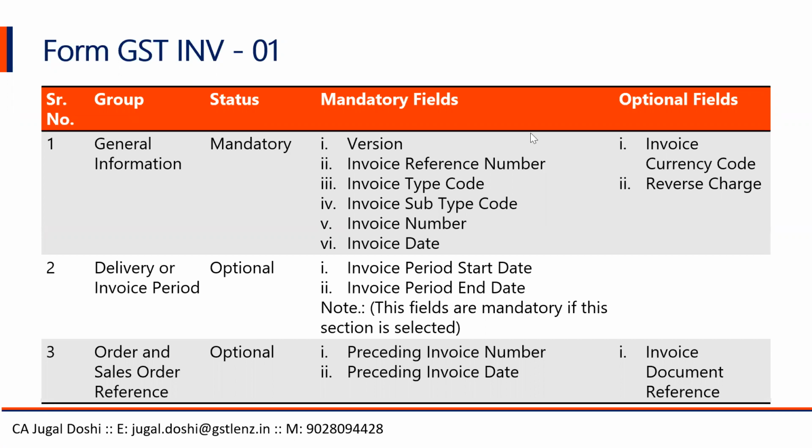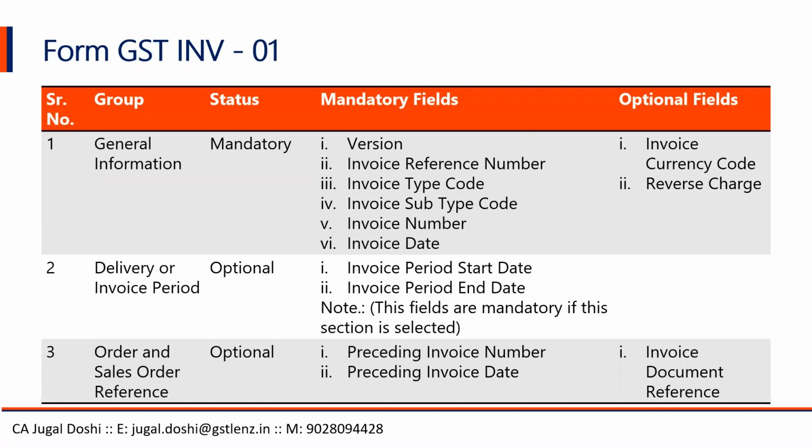Otherwise, only optional. My personal advice would be to give maximum details possible because it is one-time linking. If you link all the things and maximum data is reported, it is better for you at the assessment or any other level when you have to prove that the invoice you are talking about and the invoice which is reported are the same.